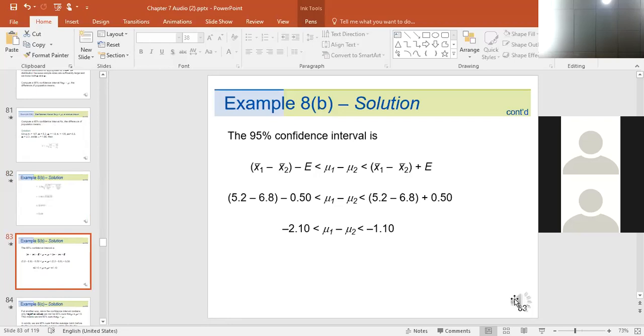Now with this confidence interval, this is an abuse of language. We are 95% confident. I told you exactly what it means, right? 95% confidence level means that of all the intervals, 95% of them contain the difference of the population means, which is between negative 2.1 and negative 1.1.